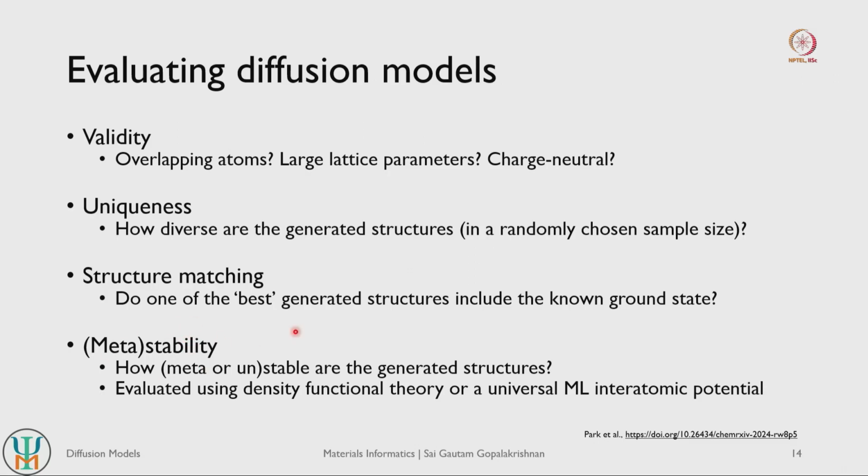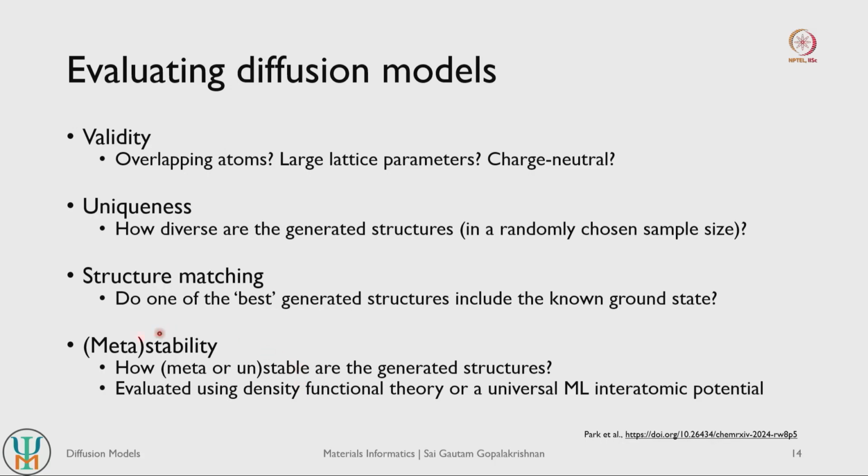And the other thing is, especially when we have computational resources such as density functional theory based calculations and so on, we can also evaluate how stable the generated configurations are, or how metastable they are. So if the generated structures are all very unstable, then the model is not sampling the right probability distribution, but if the generated structures are either stable or metastable, then it is sampling distributions that are actually practically relevant.